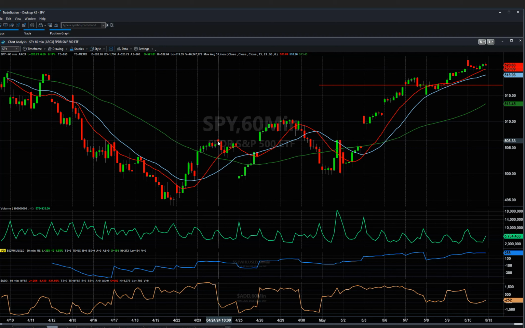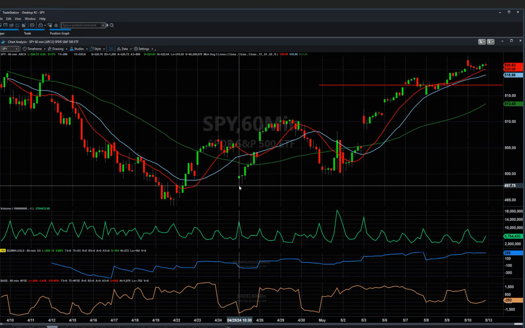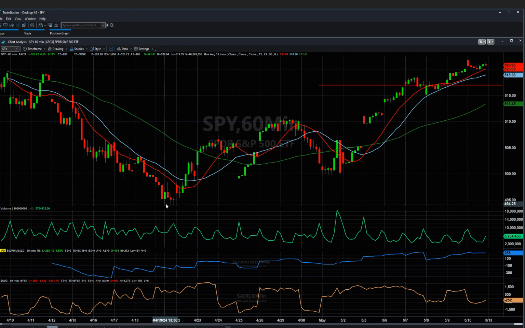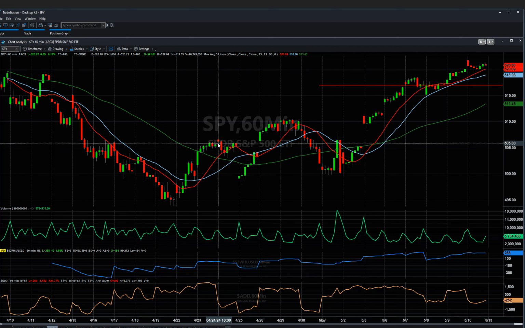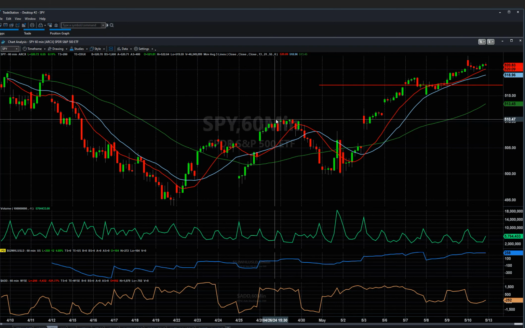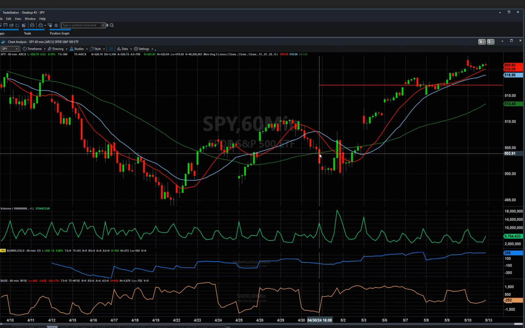Now, in this case, this developed into a leg 2 when, as soon as this stopped right here and it started this rotation back up again, it became clear that this was going to be a more complex counter trend rotation, where this is leg 1, leg 2, and leg 3. And leg 3 projected to come in right at 510, and that's exactly where in the spiders it came to before we saw this rotation back to the downside.